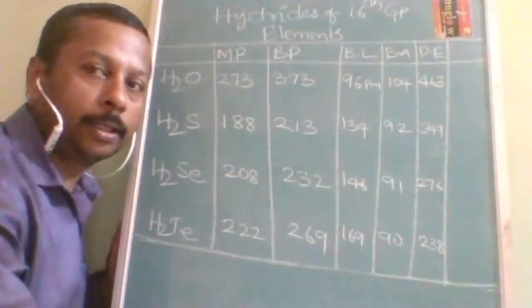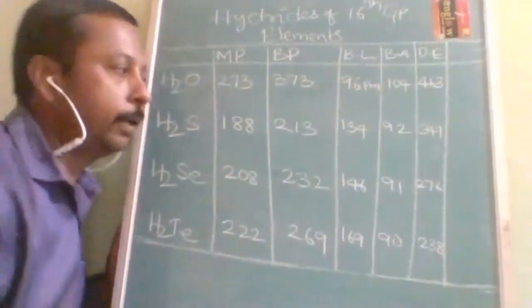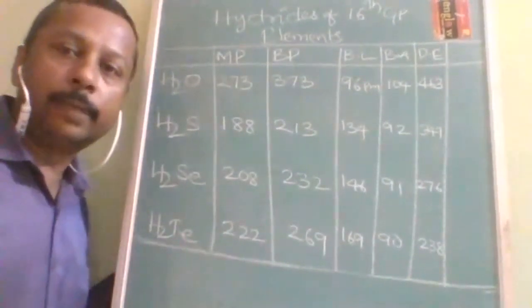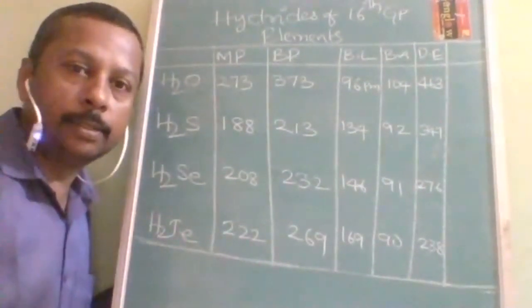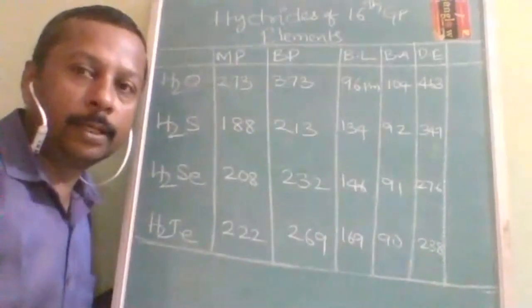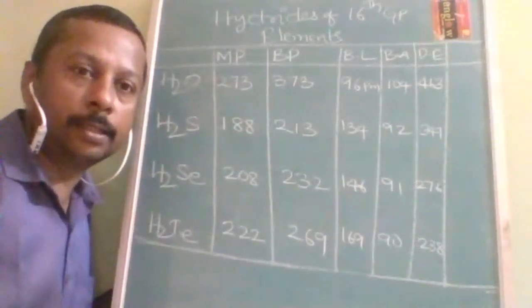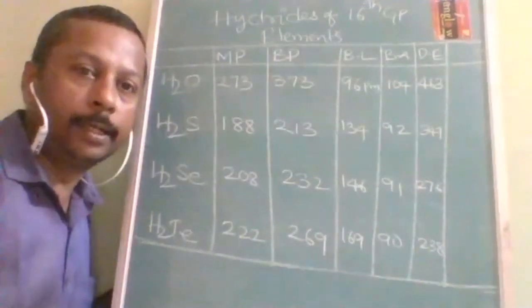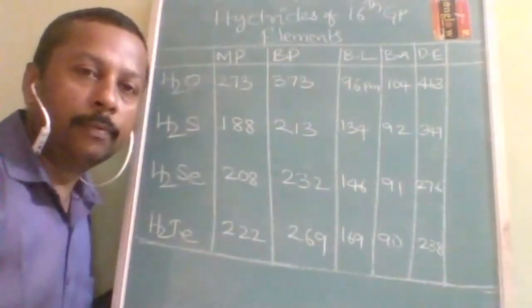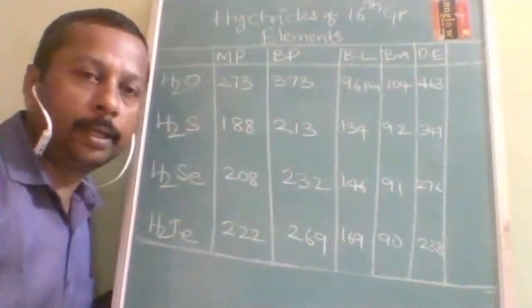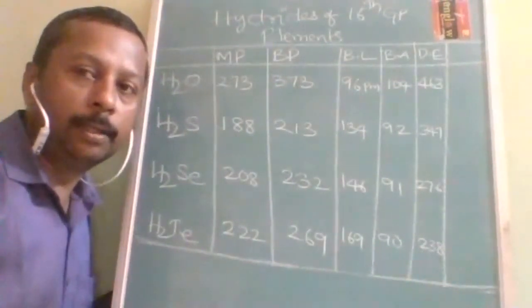What is the logic? Every time the question will be which is highest, which is lowest, what is the increasing order, what is the decreasing order, whether it increases or decreases, and why it increases, why it decreases. If there is any abnormality, that abnormality is to be mentioned.